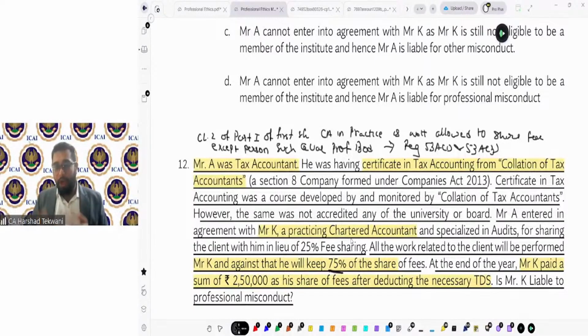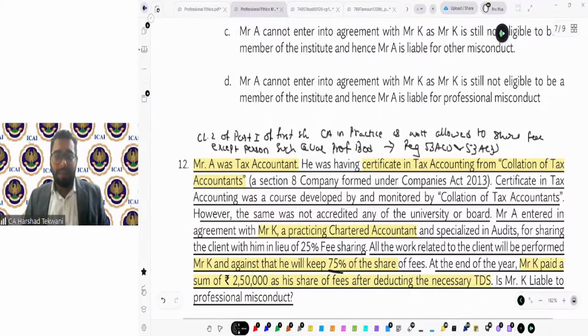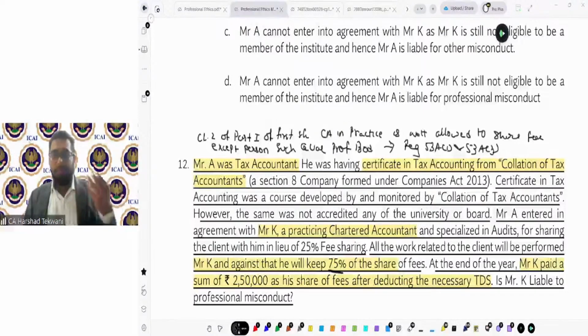So keep a habit of writing the full act, regulation, and whatever part it is. For example, when you see tax audit, if something is related to that, in that scenario, if you are answering a tax audit question, you can write in such a way that this clause of Form 3CD, specified under the Income Tax Rules.